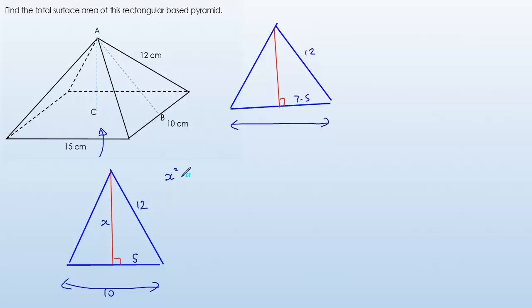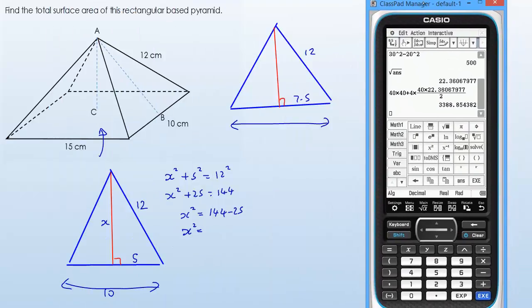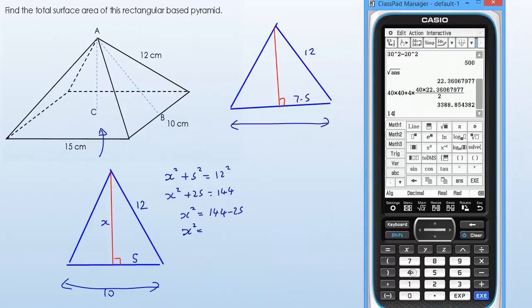So x squared plus 5 squared would be equal to 12 squared. So x squared plus 25 is equal to 144. So x squared is going to be 144, take away 25. So let's work that out. 144, take away 25, gives us 119.